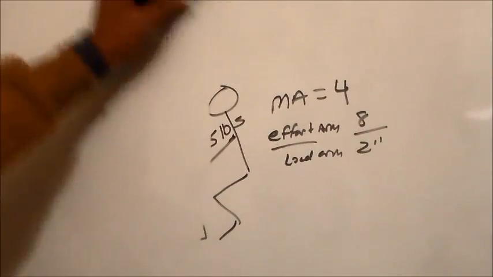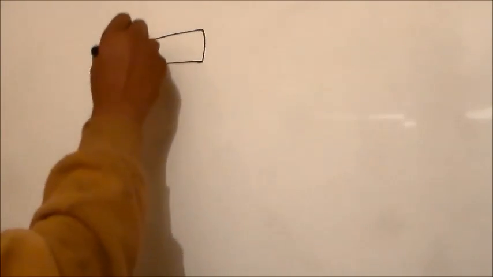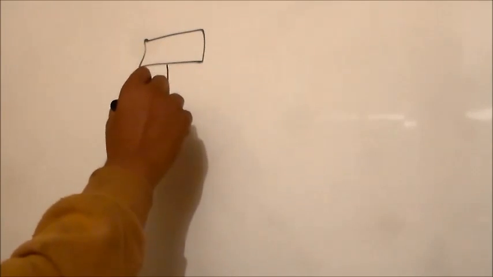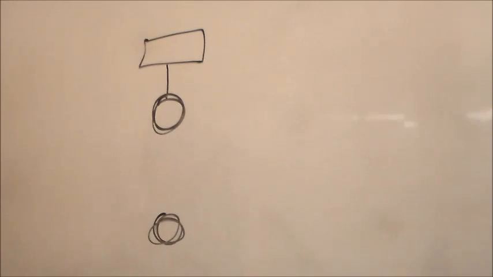Another type of question they could give you, they'll have a pulley system, right? Let's say this is blocked and you got a pulley coming down and you got a bottom pulley like that, right?